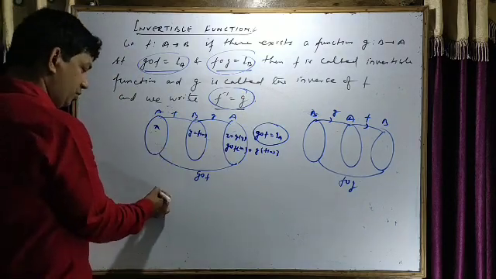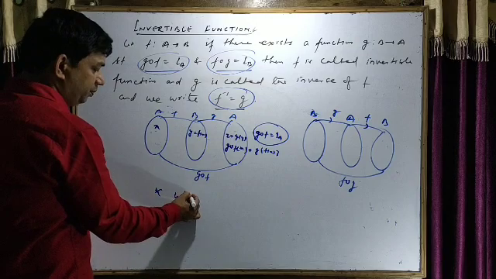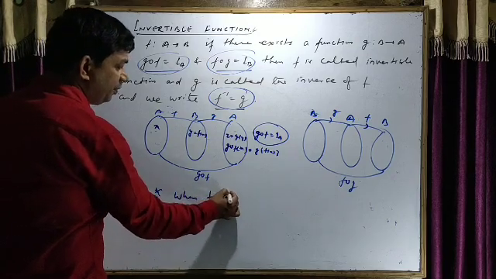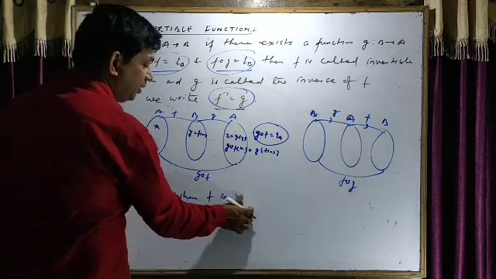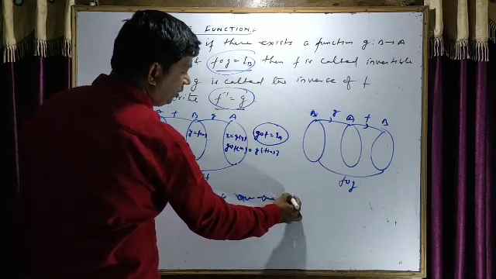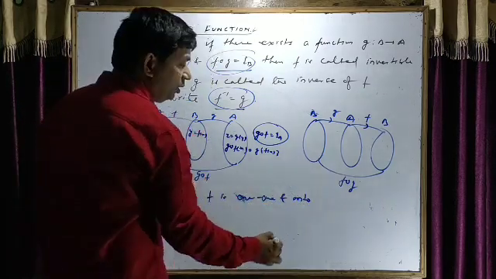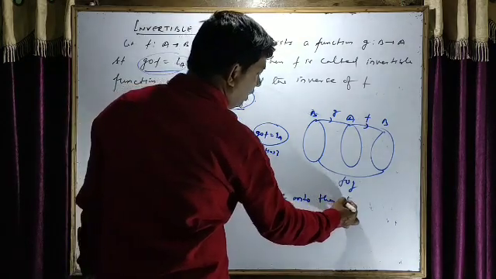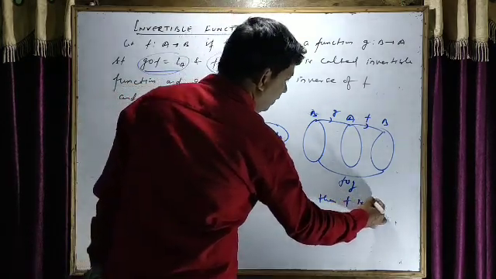And the other definition I also told: when f is 1 1 and onto, then f is invertible.